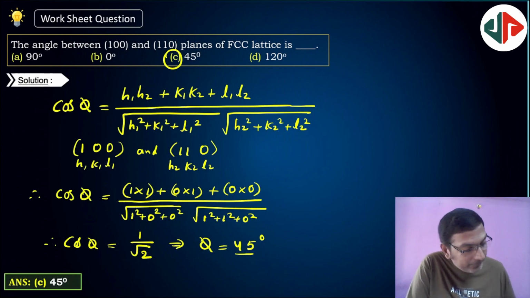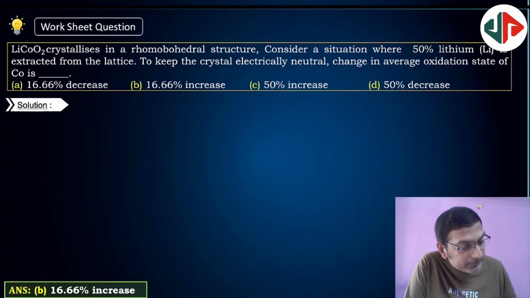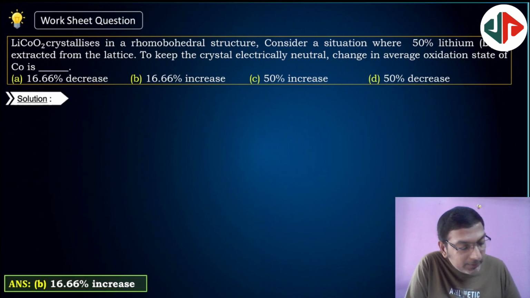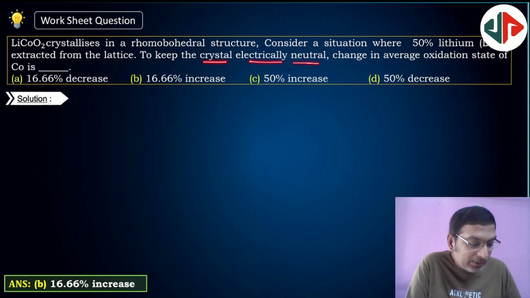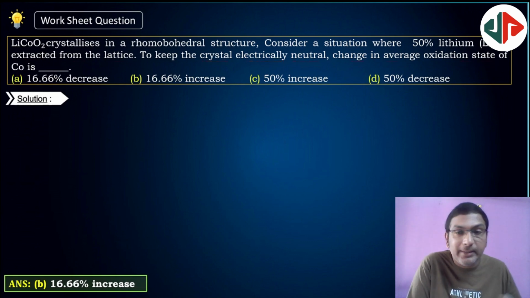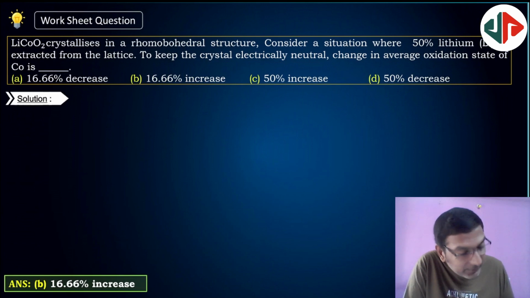Next. One formula is given: LiCoO2 crystallizes in rhombohedral structure. Consider a situation where 50% of lithium is extracted from the lattice to keep the crystal electrically neutral. The change in average oxidation state of cobalt is? So lithium, cobalt and oxygen are present.